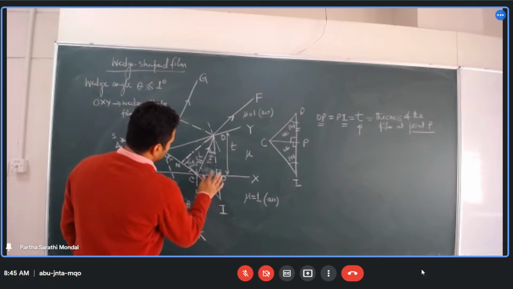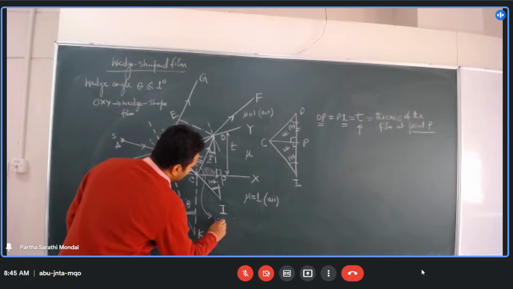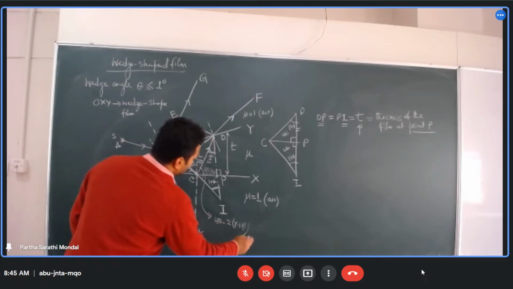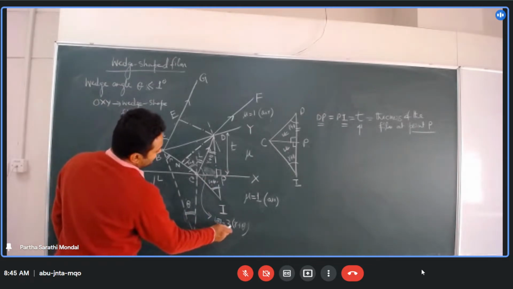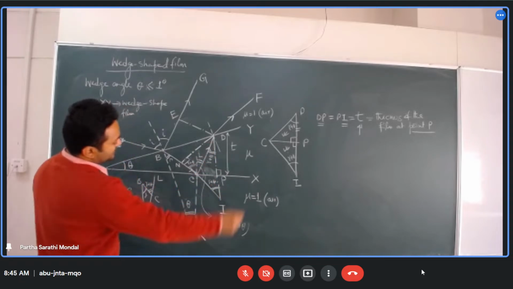This angle will actually be 180 minus 2 into r plus theta. So now if this angle is 180 minus 2 into r plus theta, this is r plus theta, so this angle will be r plus theta.